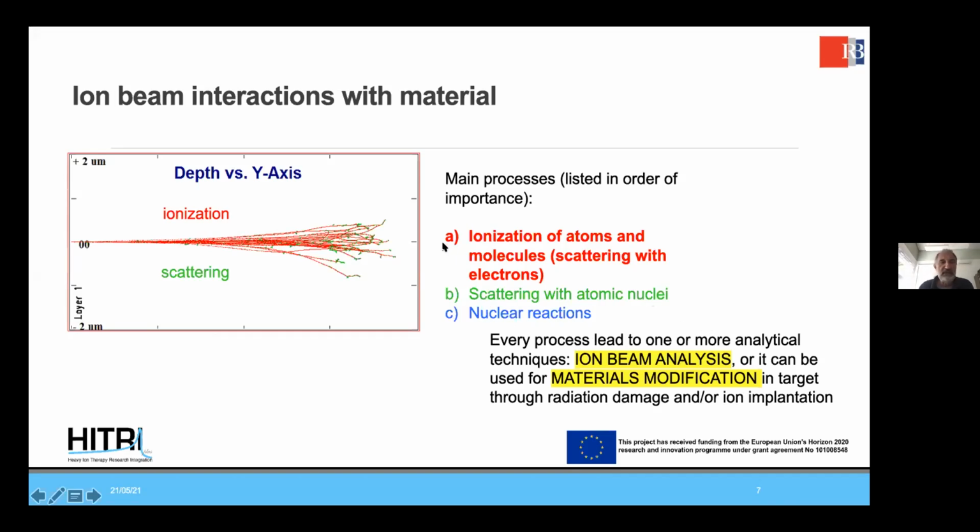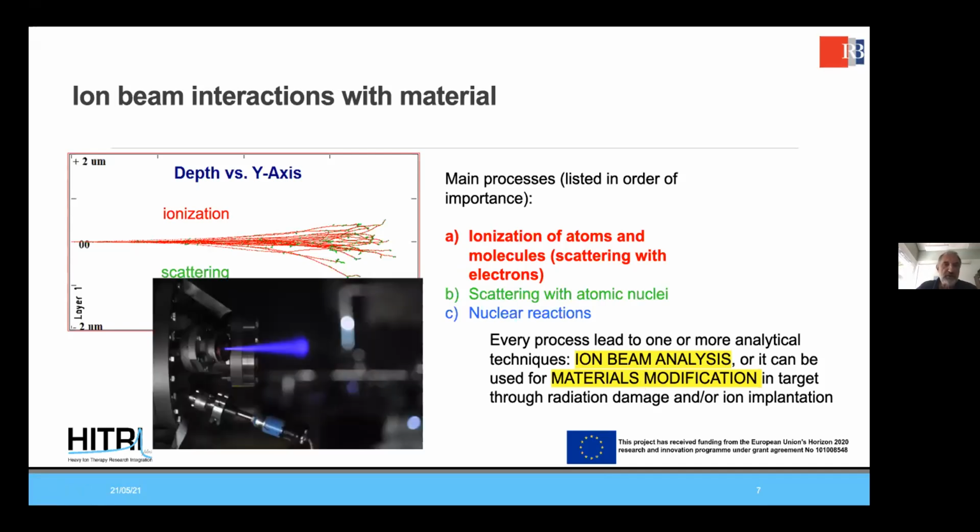Most of these processes I mentioned can be used for ion beam analysis, to analyze material. However, because of these large scatterings with atomic nuclei, the ions can also be used for materials modification through damage or implantation.